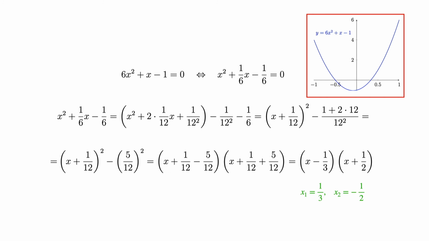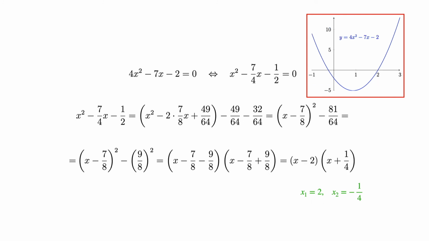And here you get the solutions to the two last equations. Completing the square was already performed before, and here just this last step with application of the formula for the difference of two squares, and we get two solutions, and the same in this case. Until now we have done in video number 5.